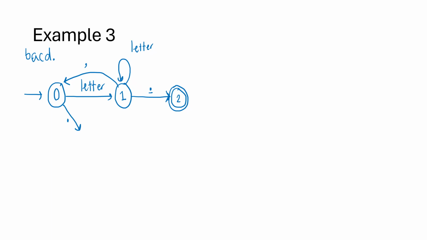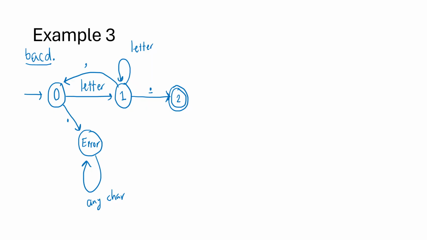That's not allowed, right? Remember, we must have at least one letter or a combination of letters before the period. So if we see a period as the first symbol, that immediately takes us to the error state, which means whatever follows, we are not going to get out of that. So with any character, we stay at the error state.